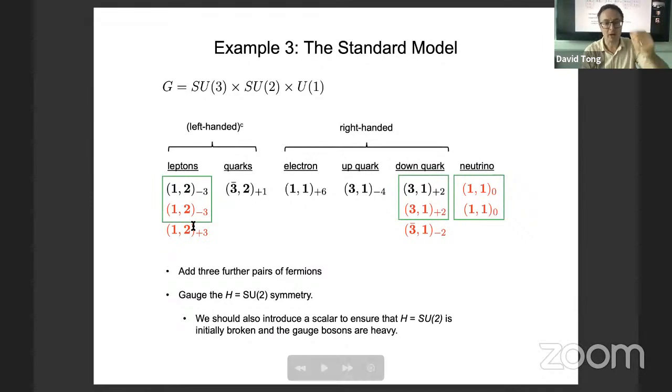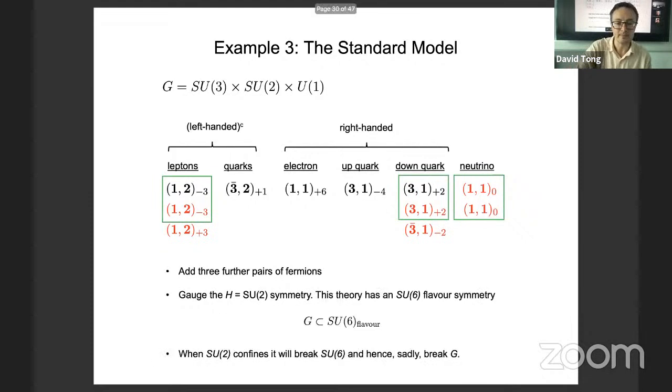But I uncondense that scalar field, make it heavy, throw it away, and I need to understand the dynamics of this H equals SU2 gauge theory. All right, now this is an SU2 gauge theory that's coupled to 6 doublets of Weyl fermions. There's 6 because there's 2 here, and there's 3 here, and there's 1 here. So it's 6 doublets of Weyl fermions in total.